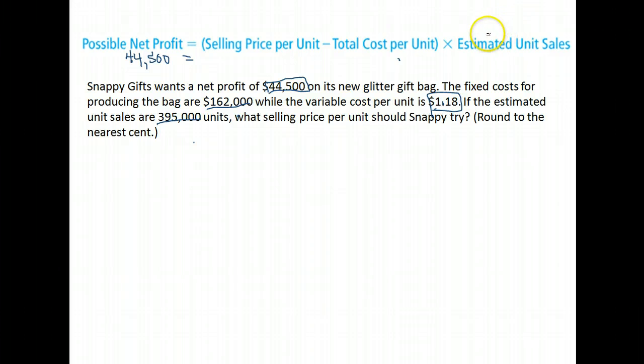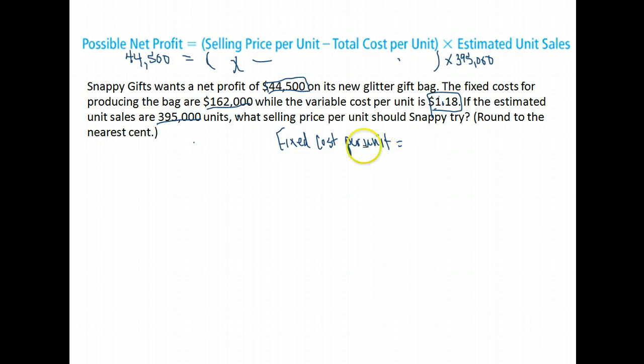Okay, so again, here we know our estimated sales are 395,000. We don't know the selling price. I'm going to call that X. We also don't know the total cost per unit. We know the variable cost per unit and we know the total fixed cost, but we need to find the fixed costs per unit so that we can find our total cost per unit. Okay, so everything has to be in per unit.